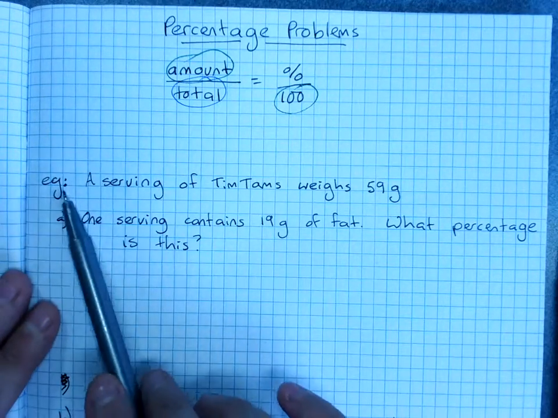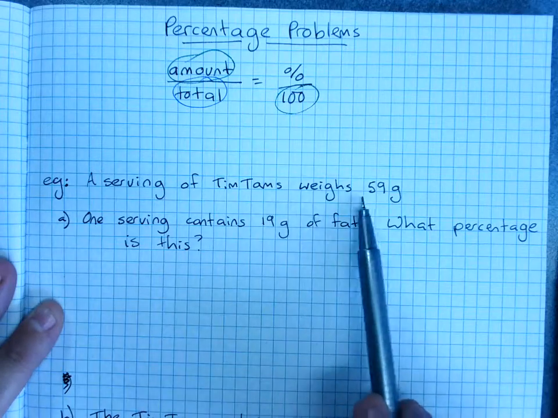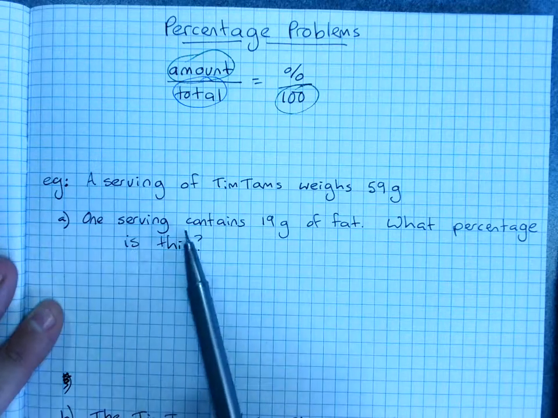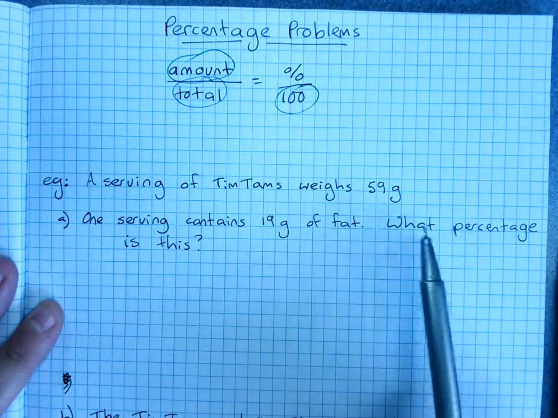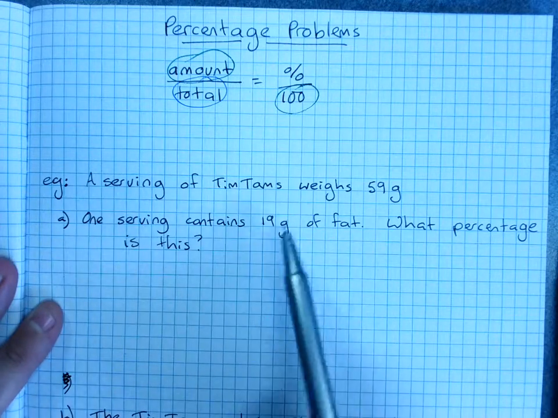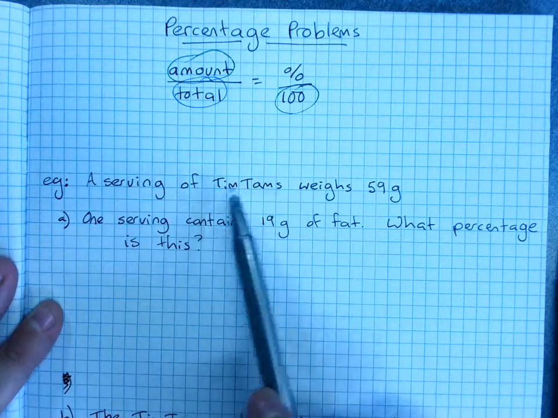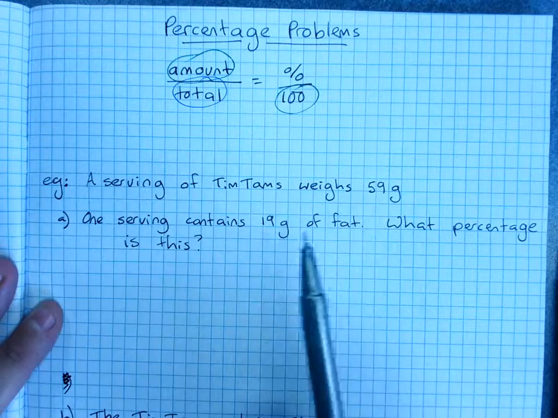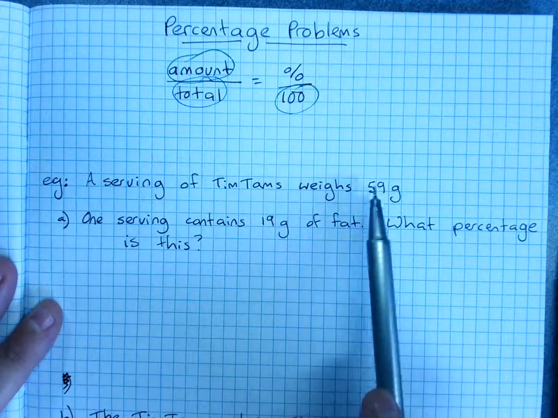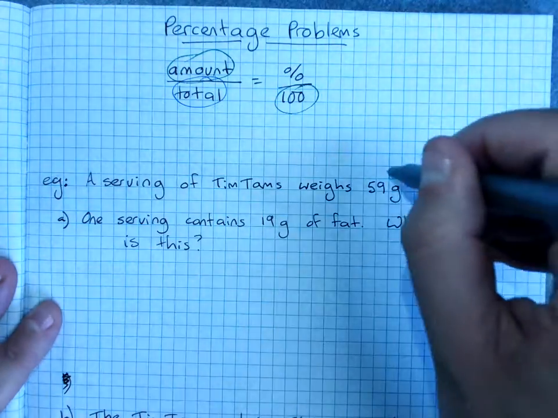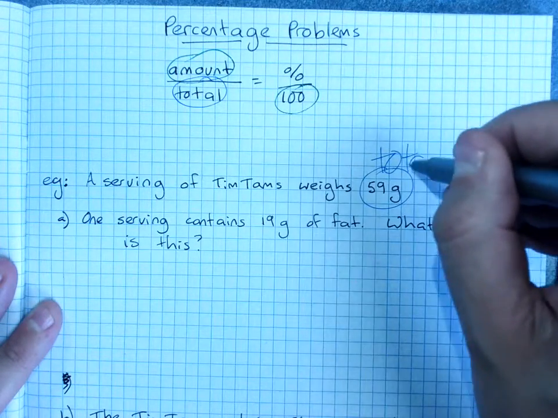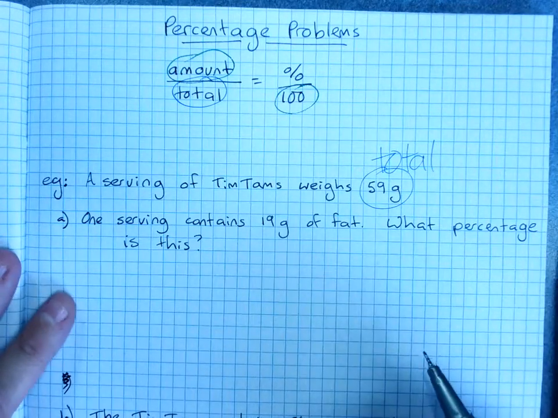So in this question where I say a serving of Tim Tams weighs 59 grams, one serving contains 19 grams of fat, what percentage is this? One serving is 59 grams, out of that 19 grams is fat. This is our total. Sorry, my writing just suddenly went terrible.